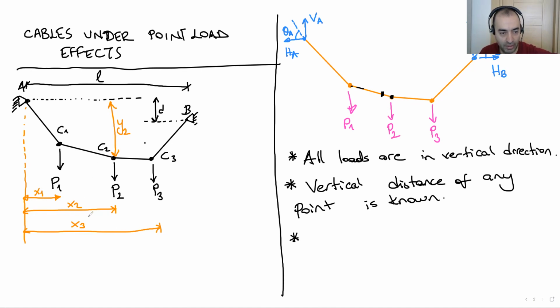Each point's distance is known, and the vertical distances are also known. We will give all the information that you need to calculate tension force in the question. Okay, this is just to explain what we have. Let's jump to how we are going to calculate these forces.